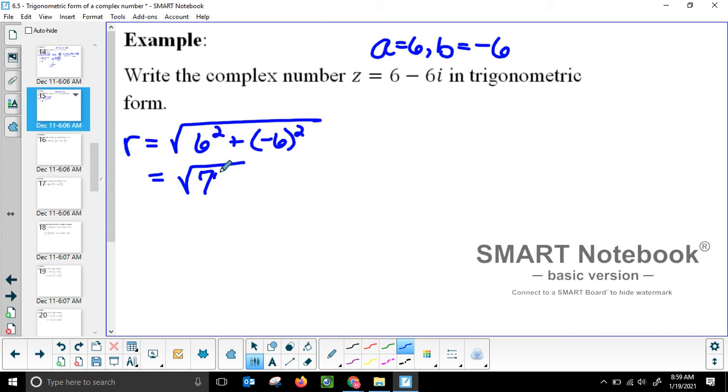So this is the square root of 72, which obviously is 36 times 2. So this is 6 times the square root of 2. All right, tangent of theta is equal to b over a. So that's just negative 1.